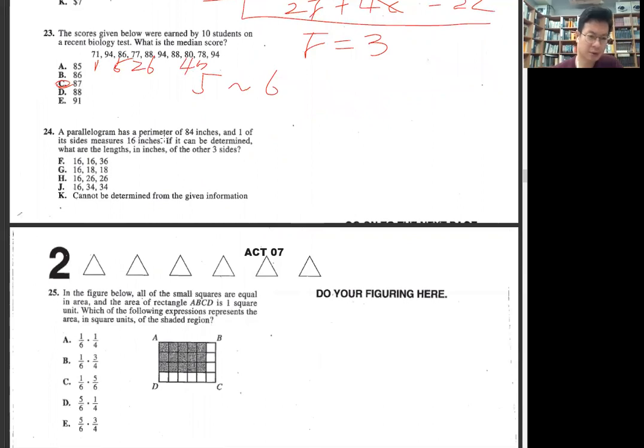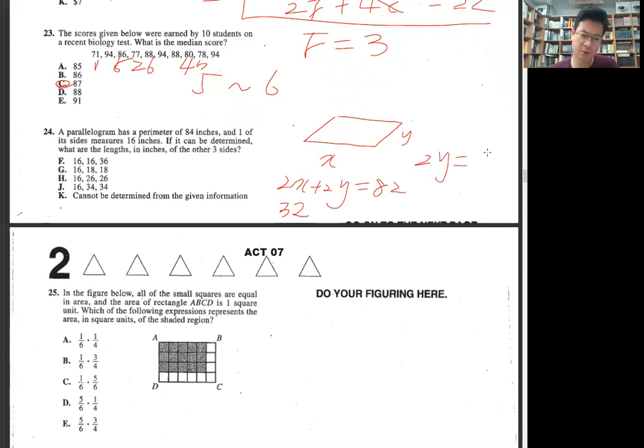A parallelogram has a perimeter of this, and one side measures 16. So let's say the sides are x and y. So 2x plus 2y equals 82. One side is 16, so we put 16 here. So 32 plus 2y equals 84, so 2y equals 52.